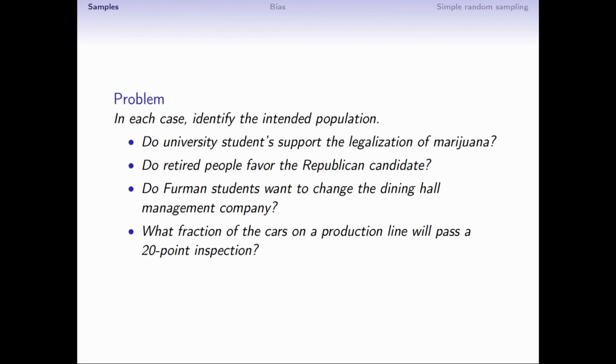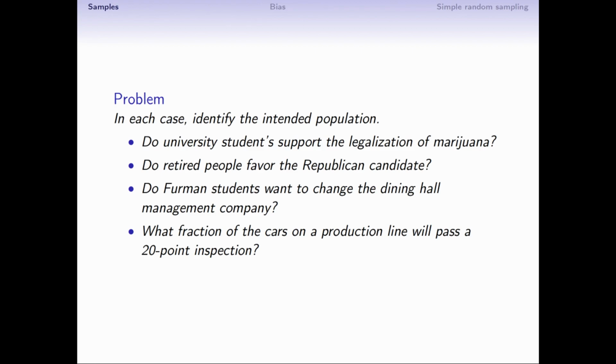We're also thinking of the cars in the past, and we're also thinking of the cars that might be rolling down the production line in the future. So there's a hypothetical quality to this question that in some sense consists of cars in the past, the present, and the future that have or might be soon rolling down this production line. That's a little bit different in that we can't simply point to existing objects, but we have to think of it more hypothetically. But nonetheless, that forms a population for us.